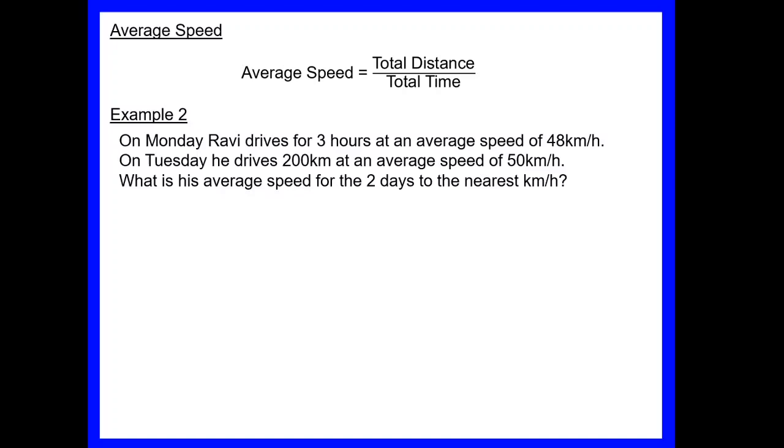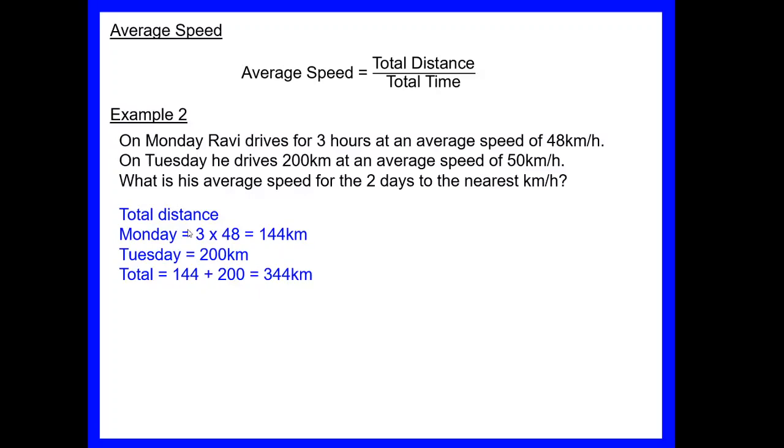Again, let's start off by finding the total distance. We don't yet know his distance on Monday, so we're going to have to find it out. Remember, to find distance, it is speed times time. On Monday, our speed was 48 times a time of 3 hours, which is 144 kilometres.